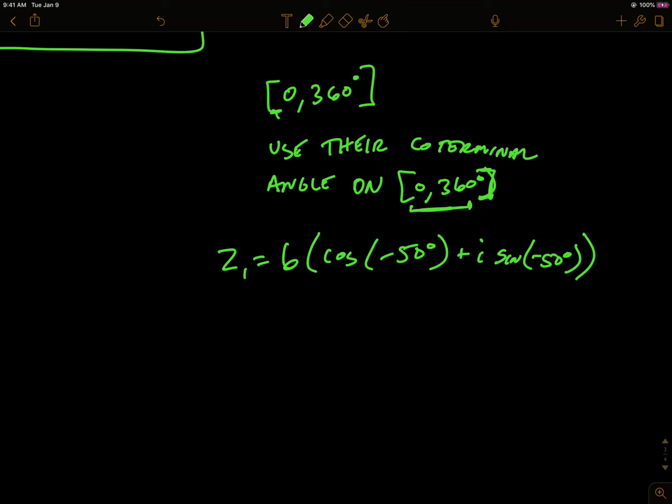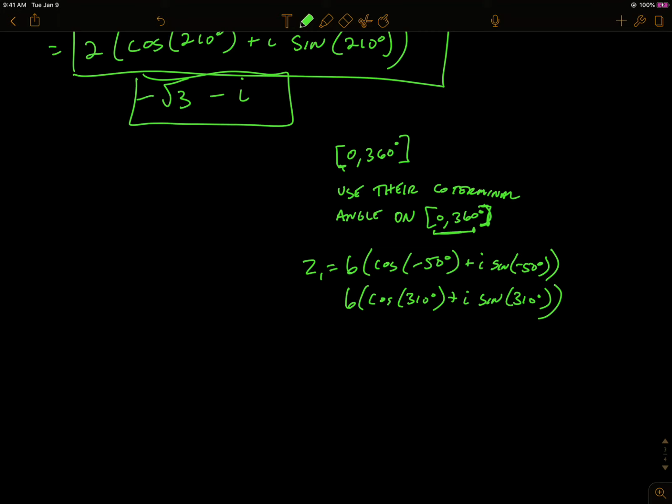So pick the angle between 0 and 360 that's the same angle as negative 50. Instead of negative 50, it would really be 310. So you'd have to use 6 times cosine of 310 plus i sine of 310. You always want to use an angle that's between 0 and 360.